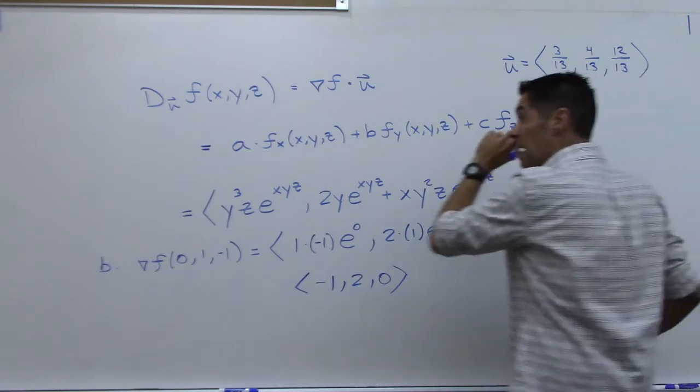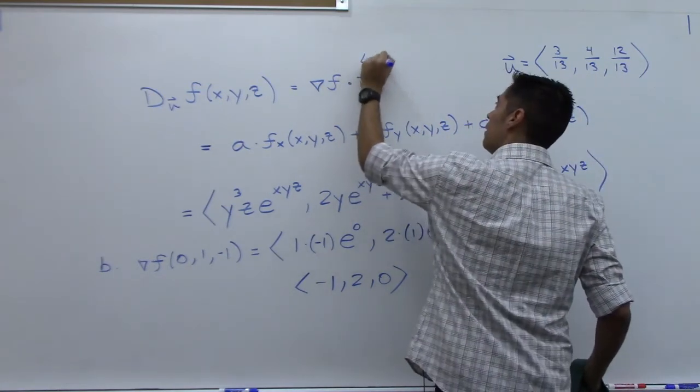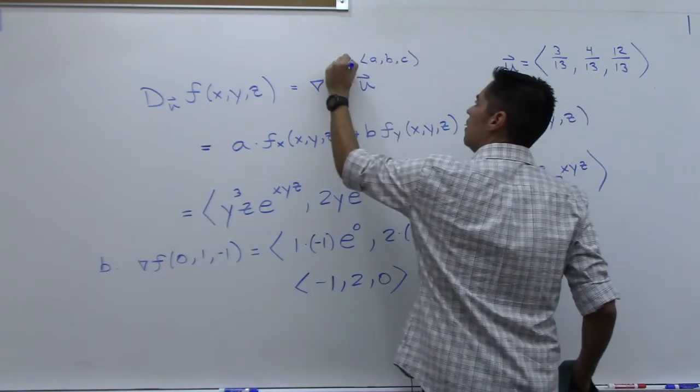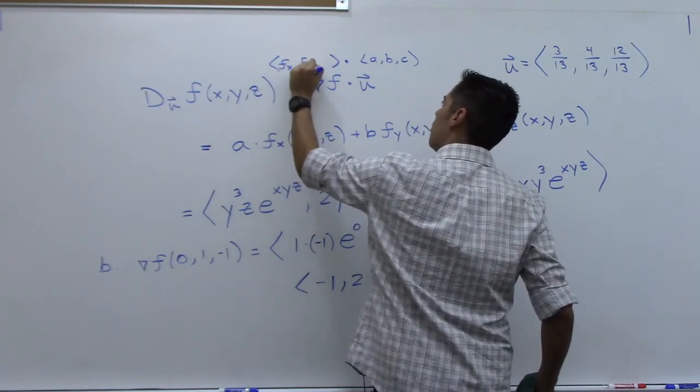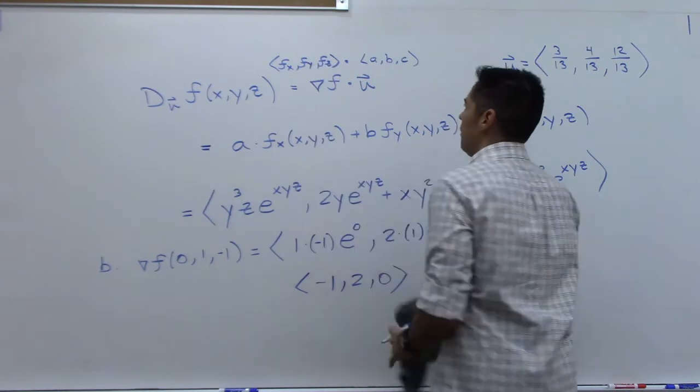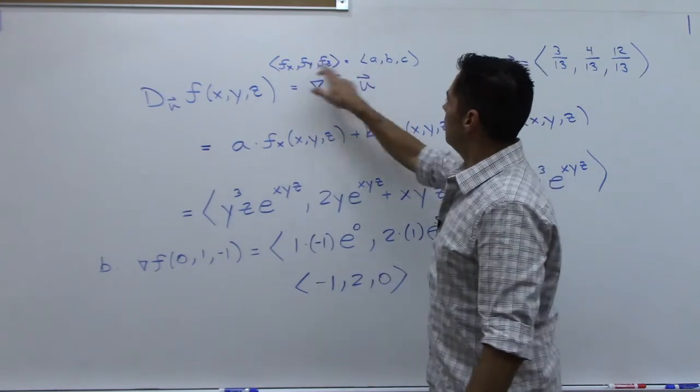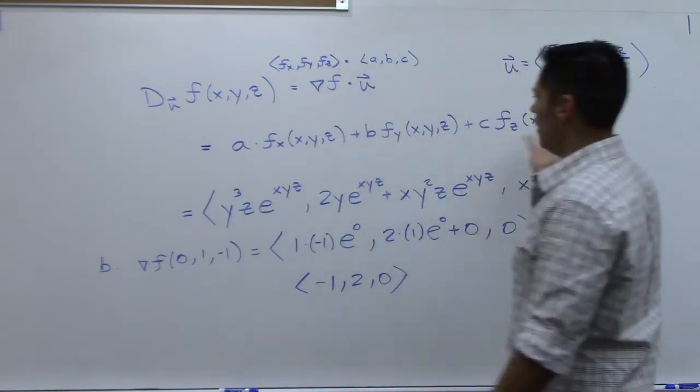So if you were to take this, this is the vector a, b, c. This is the vector partial x, partial y, partial z. If you dot these, it's this times this, this times this, this times this, which is exactly what I have written down here.